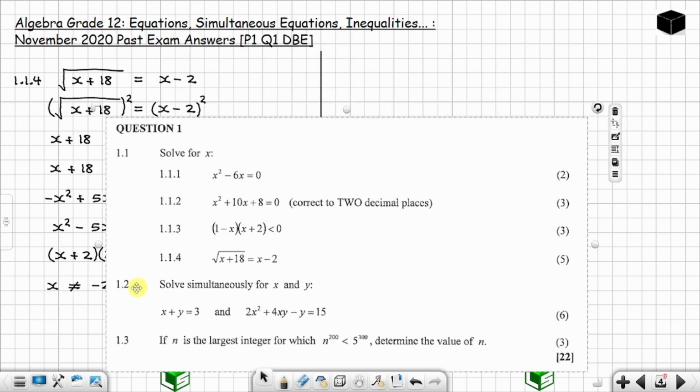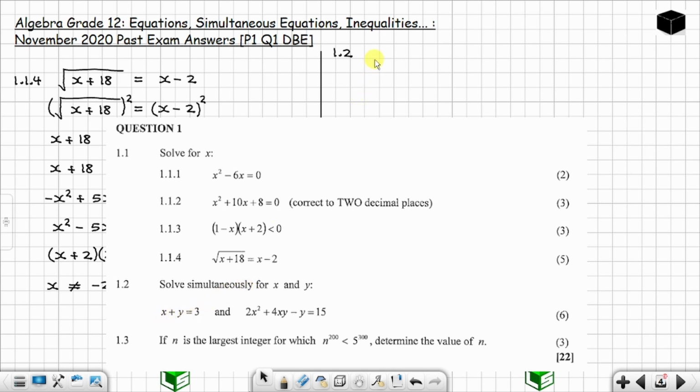The next question is 1.2. Okay. 1.2. Right? So solve simultaneously for x and y. Okay. You need to solve for x and y. And this is the equation. You are given two equations. You need to solve for x and y simultaneously. Okay, so the first equation is x plus y is equal to 3.